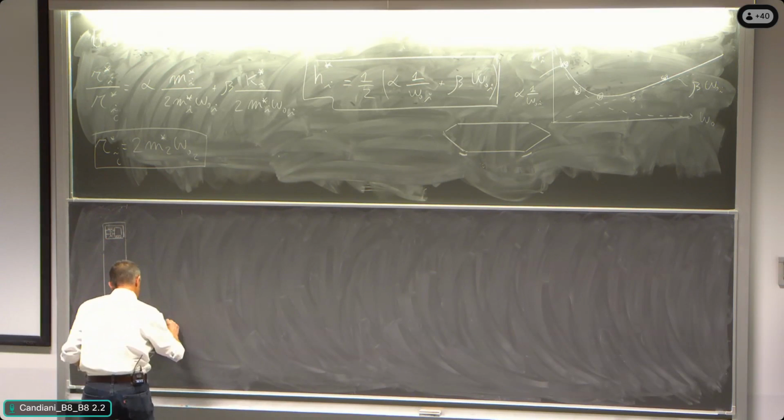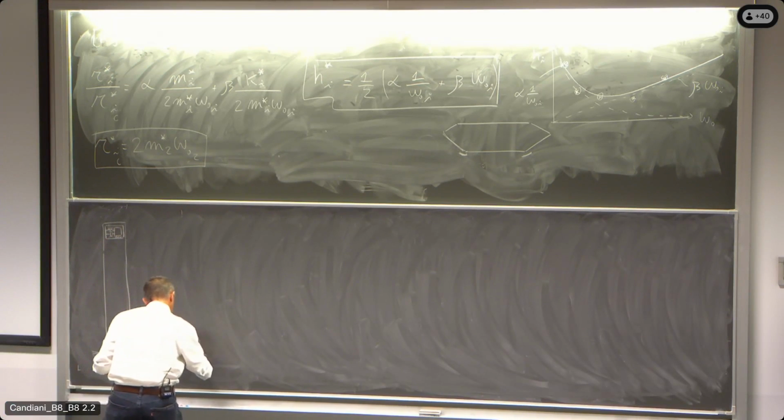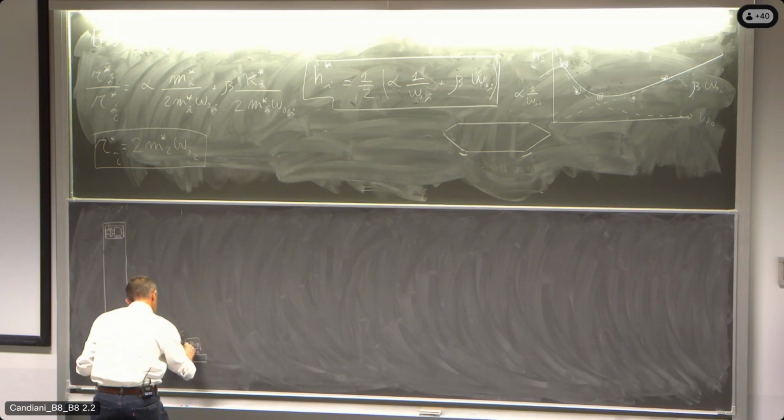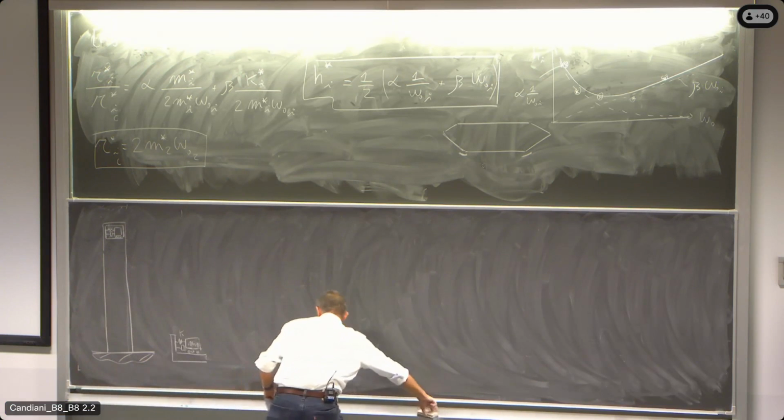So on purpose we make it so that the natural frequency of the mass with respect to ground, Kd, so this is Md, bad drawing.